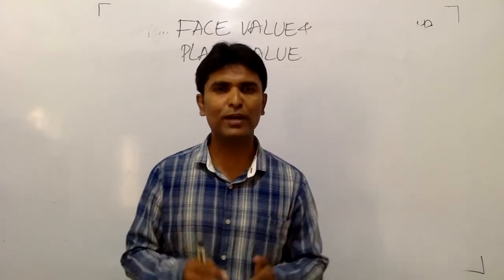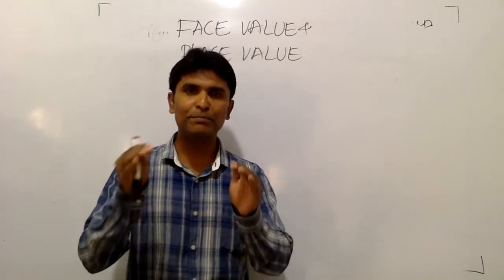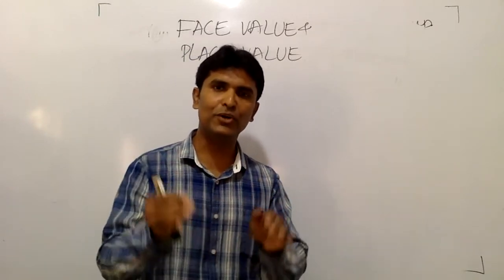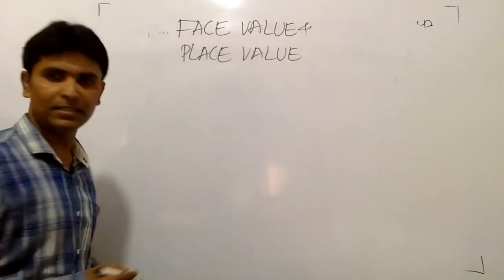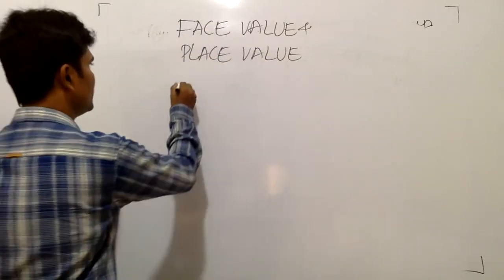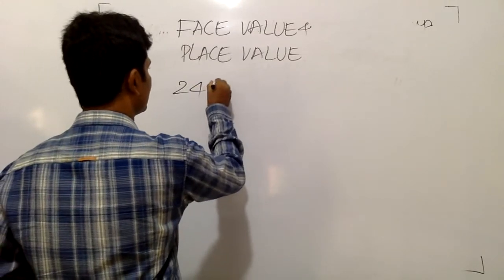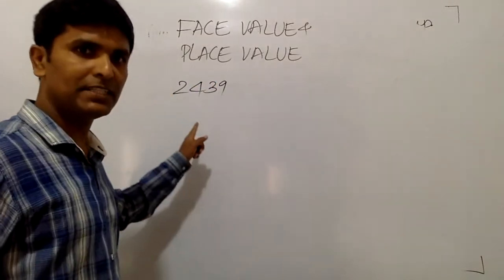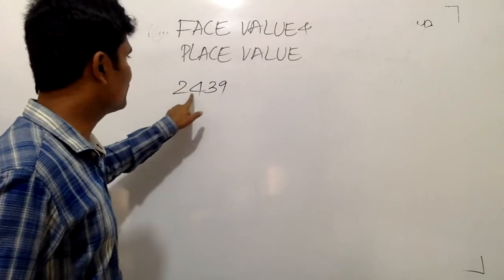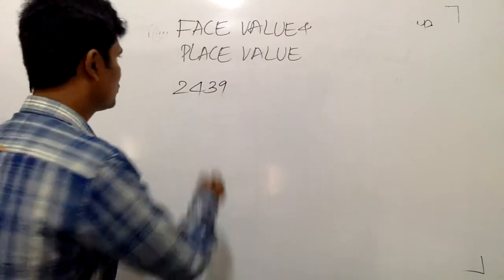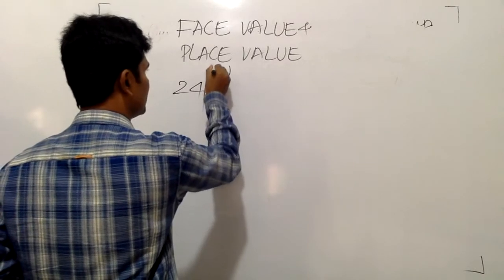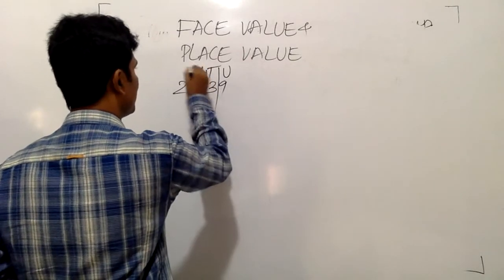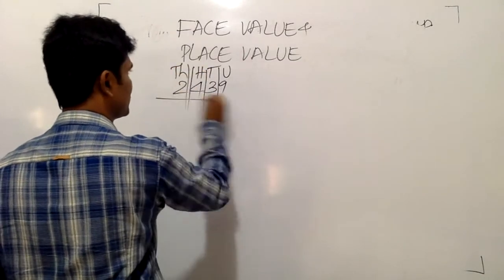Then what is place value? The place value depends on where the digit is situated. I'll give you an example. In the number 2439, you all know 9 is in the units place, 3 is in the tens place, 4 is in the hundreds place, and 2 is in the thousands place, right?